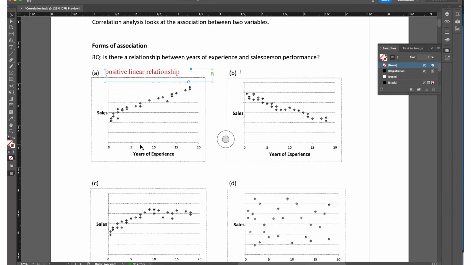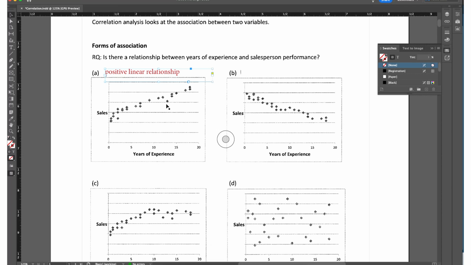So in this positive linear relationship, we can generally see a straight line going up, so that as years of experience increase, so does the amount of sales. That makes sense in many contexts, right? Because as you gain more confidence and gain more clients, your sales are going to go up.